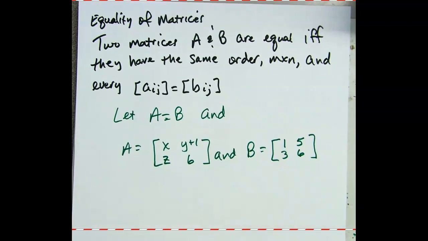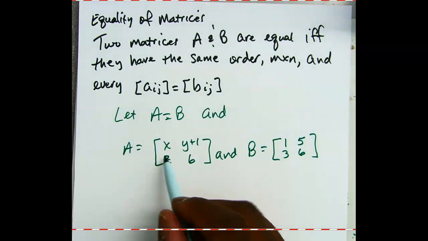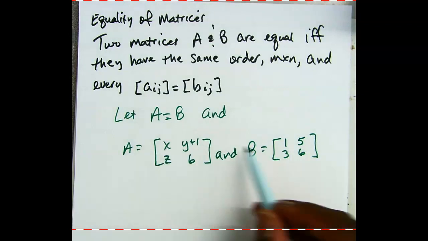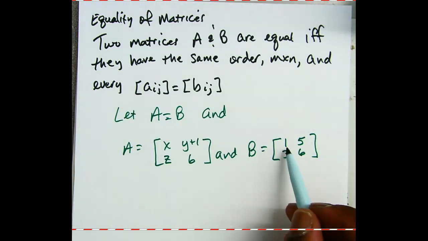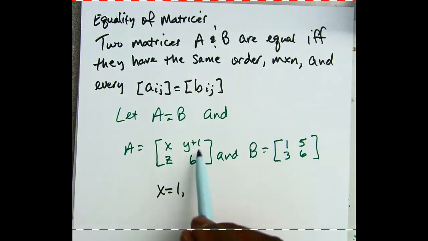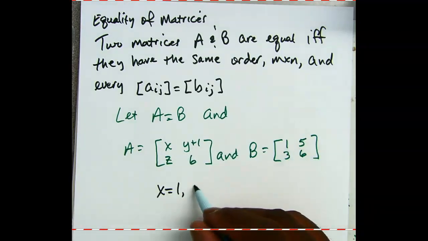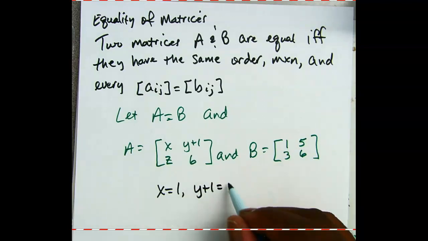So if matrix A is equal to matrix B, then this allows us to go through and solve for our variables. So if these two matrices are equal, row 1, column 1 in matrix A has to equal row 1, column 1 in matrix B. So x equals 1. Row 1, column 2 in matrix A has to equal row 1, column 2 in matrix B. So y plus 1 has to equal 5.